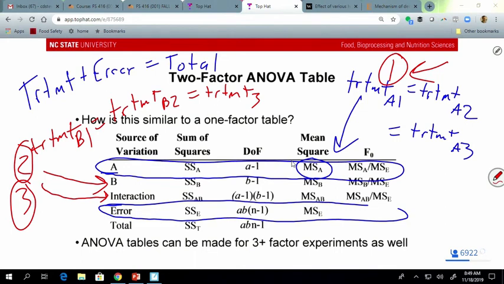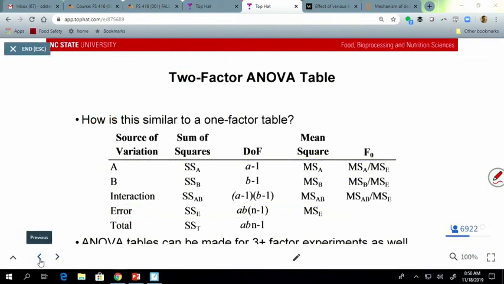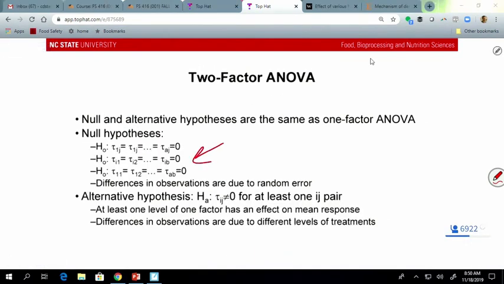And then we're going to have another set of hypotheses for the interaction effect, where we say there is no interaction effect, or there is one. Those are going to be the null and the alternative hypotheses. So that's how this works. To backtrack a little bit, that's what this is showing: you are working with 3 separate sets of hypotheses.